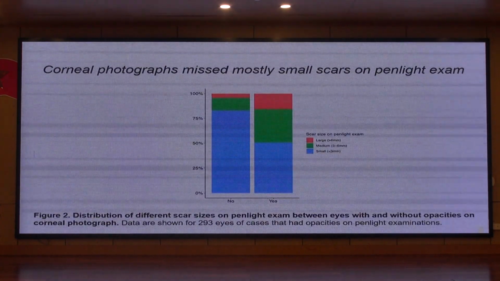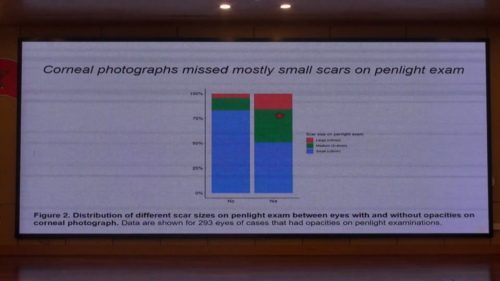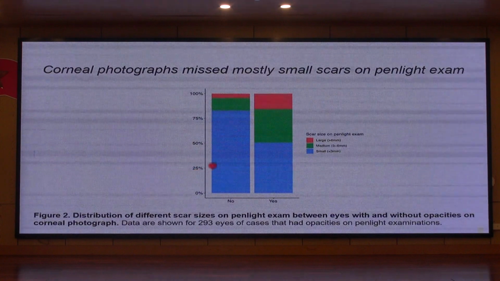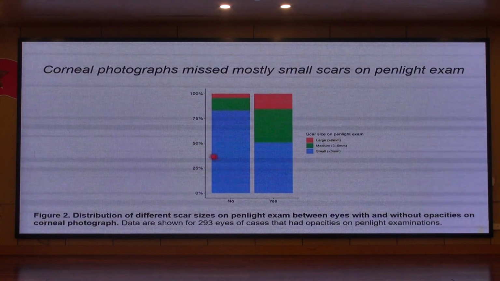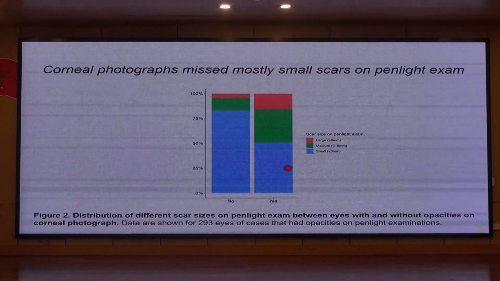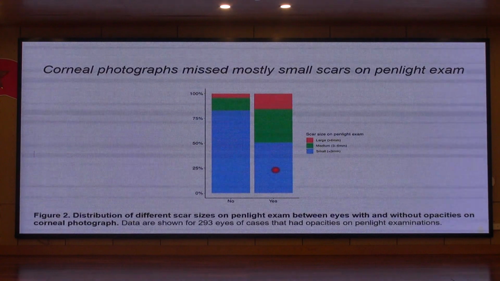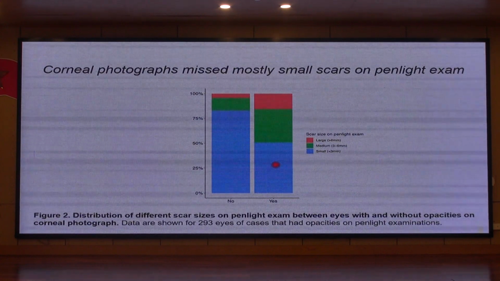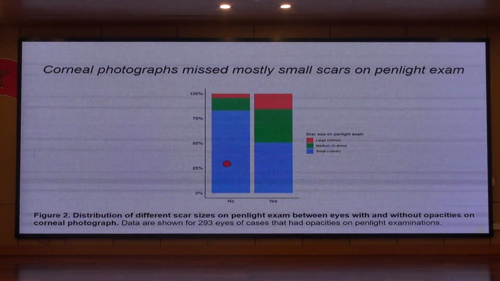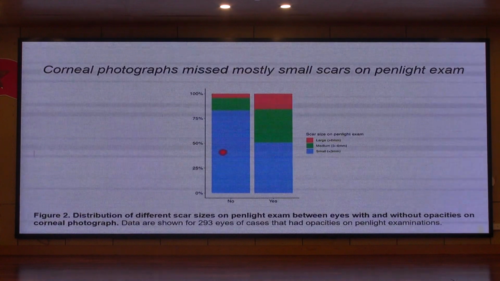So now we focus on the people who had opacity detected on the penlight exam. So this graph here included only people who had opacity detected on the penlight exam, and the column on the right represents people who had opacity detected on both corneal photographs and on the penlight exam. The column on the left represents the opacities that were missed on the corneal photographs.